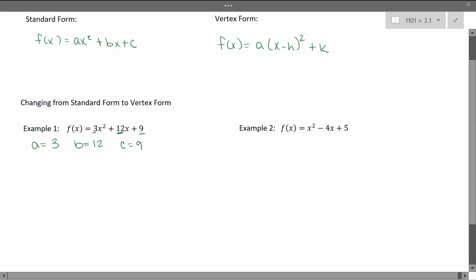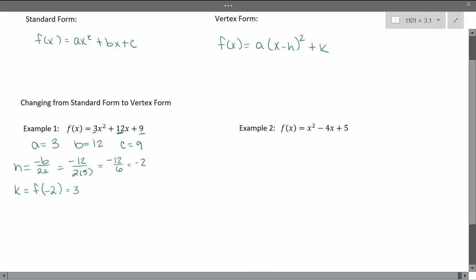The vertex formula tells us that h equals negative b over 2a. So in our case, we have negative 12 over 2 times 3, which gives us negative 12 over 6, which is negative 2. And then to find k, we do f of negative b over 2a, which we found to be negative 2.